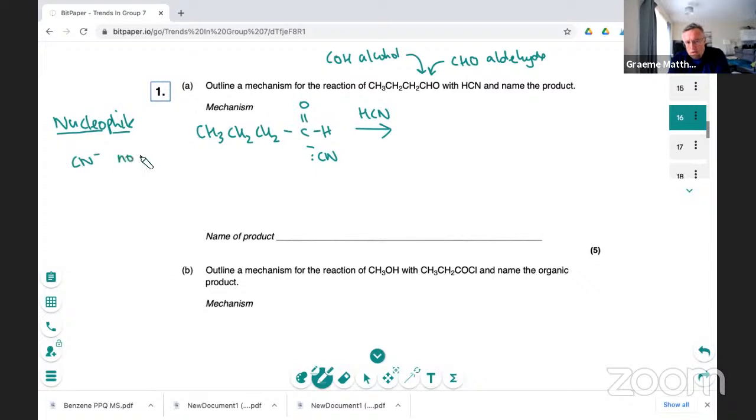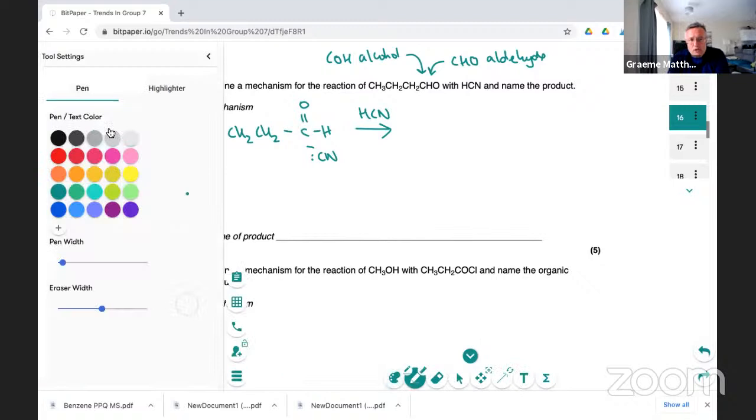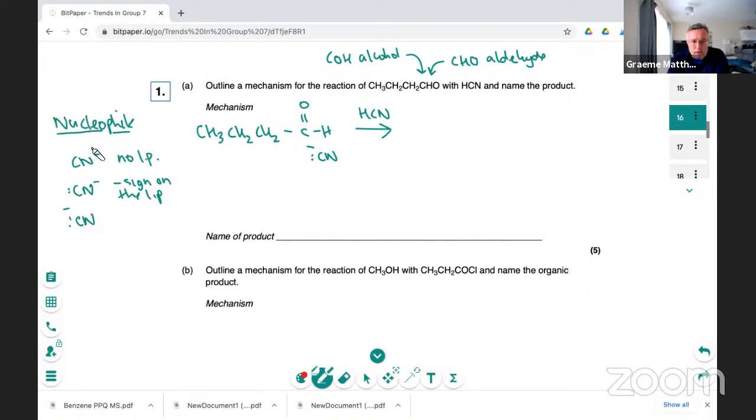If you did CN with the lone pair on the left-hand side and the minus like this, this is wrong because the minus sign has to be on the lone pair, please. And so this is the correct way of writing the nucleophile if it contains a negative charge. This is wrong and this is wrong here.